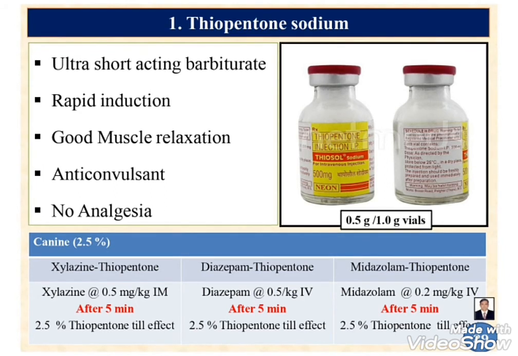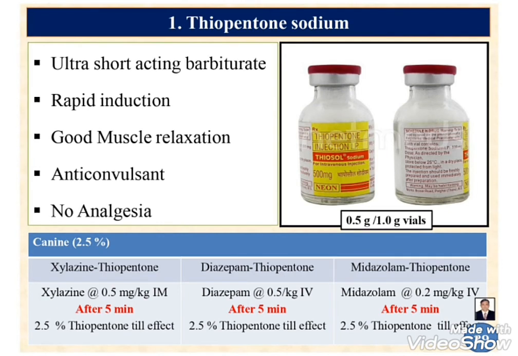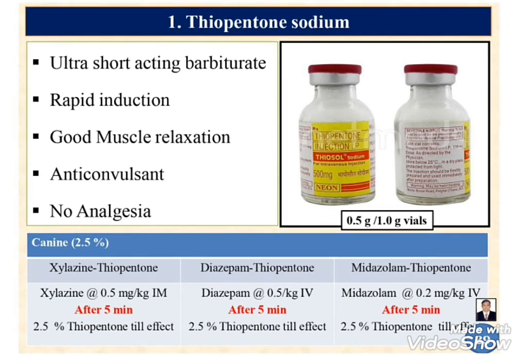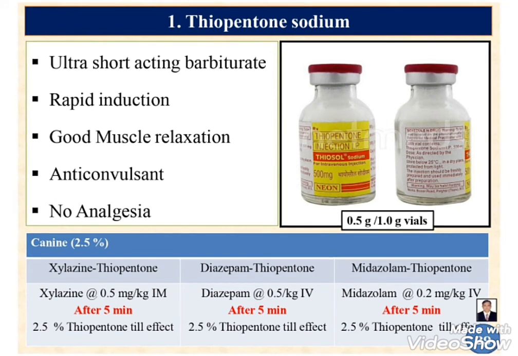So what do we mean by ultra short-acting drugs? It means that after administration as induction anesthesia, it produces a short duration of anesthetic action. Within 10 to 15 minutes you finish your work: you perform the endotracheal intubation, and finally the animal is shifted to maintenance anesthesia.